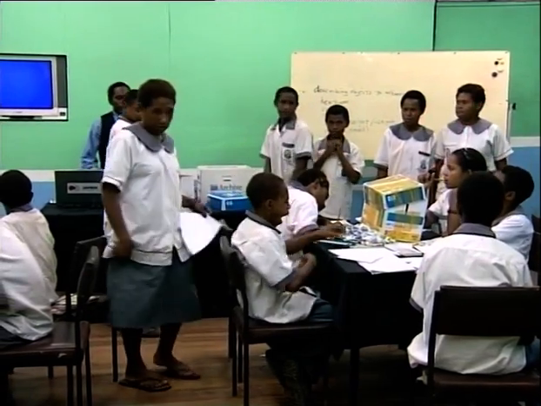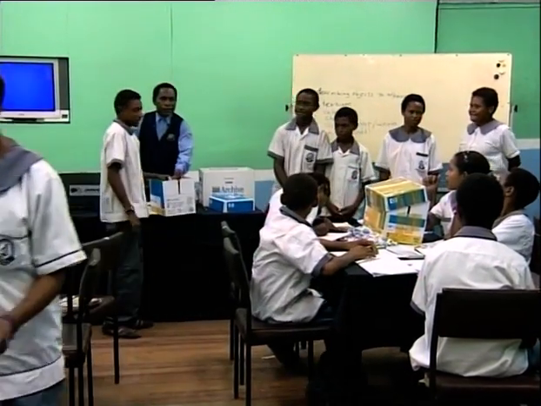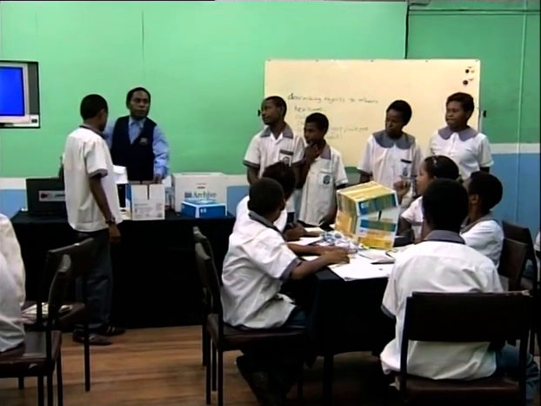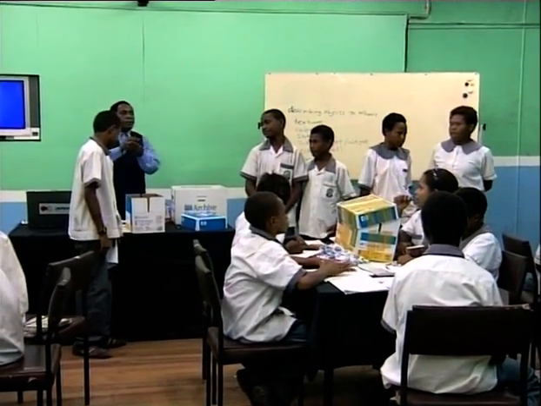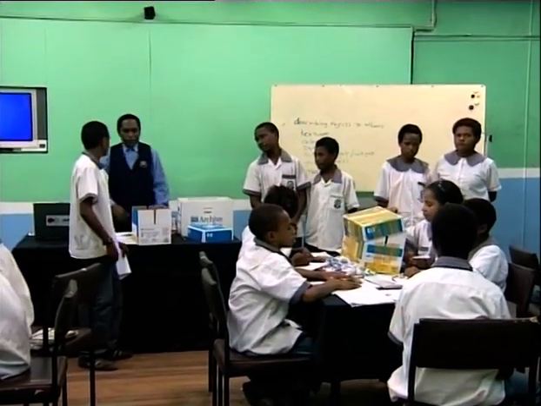Okay, Donald is going to be describing the object in the box. Rest of you, you try to hear his description and try to come up with a drawing of it. Right, Donald.